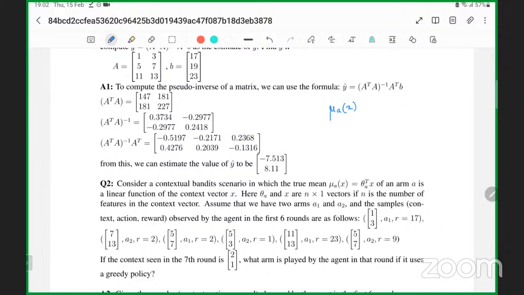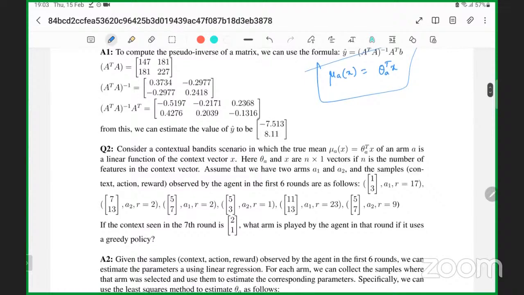If you remember, mu a of h is theta transpose a times h, where h is the context, the features of a particular user, and the true mean of arm a is like this. So if we had 2 features in that question, that's a feature vector of size 2. How many arms do we have here? 2 or 3?